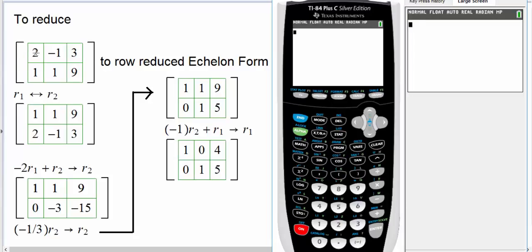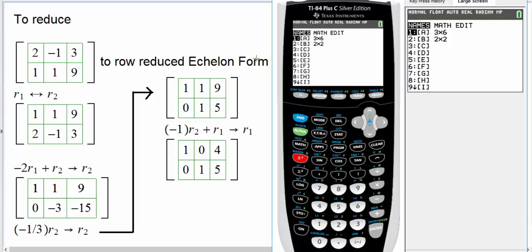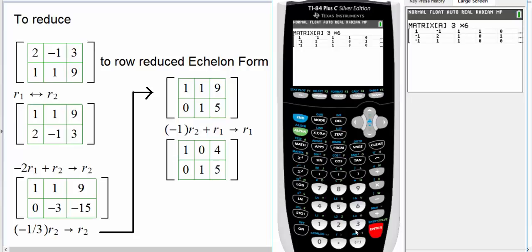If I want to use my TI-84 calculator, I would go to second matrix, and then edit this matrix A to enter our new matrix. Our matrix has dimensions 2 by 3, so we'll put 2 by 3 over here, and then we shall enter these entries.